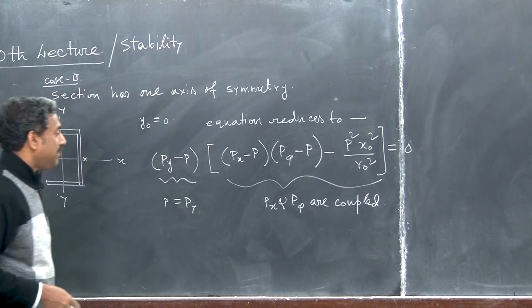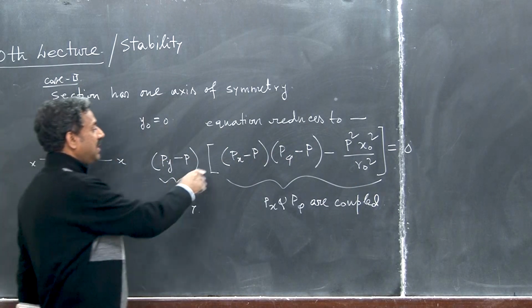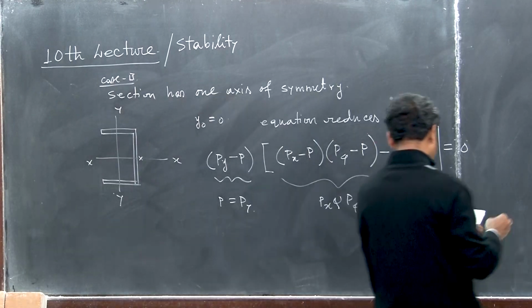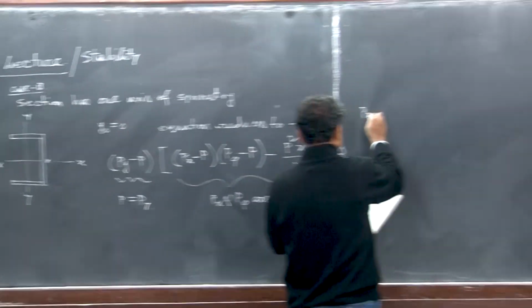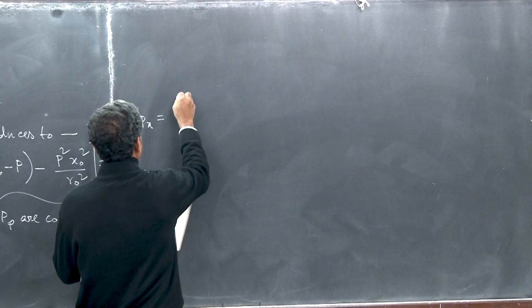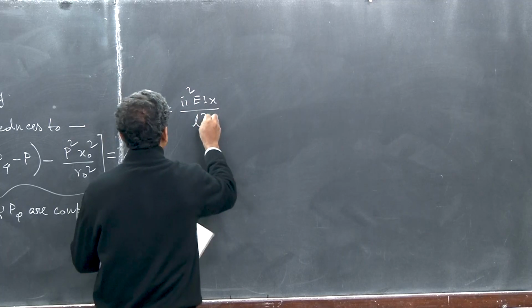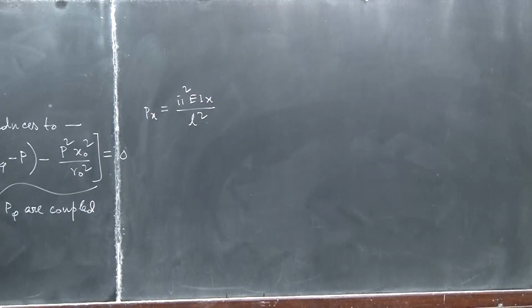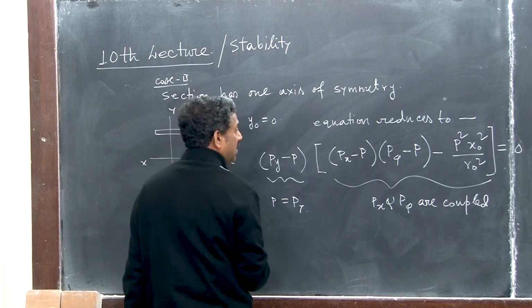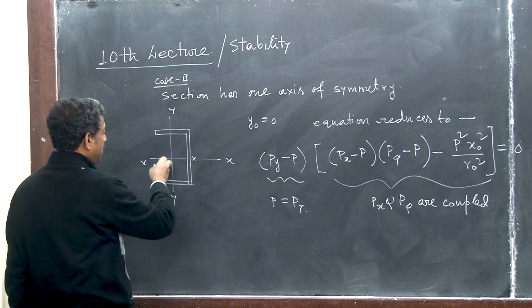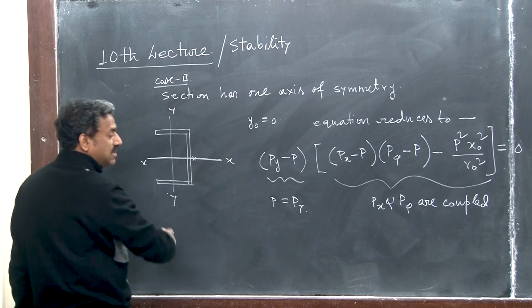Because there is a coupling, it cannot independently buckle with respect to the x axis. Okay, what is Px? If you can recall, Px was pi square E Ix upon L square, with respect to the x axis. It will buckle in flexure independently, because it has an axis of symmetry.